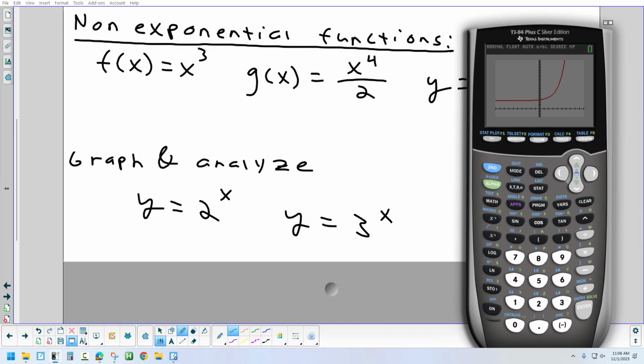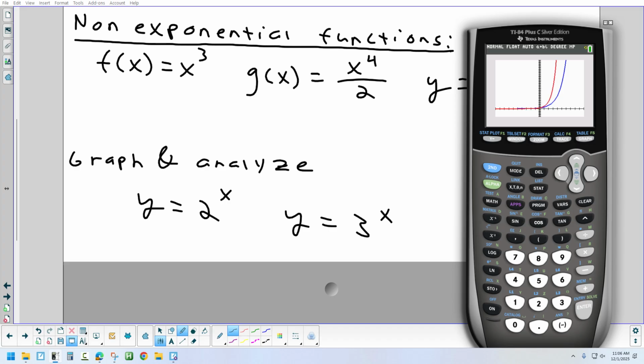What do you think the difference will be between 2 to the x and 3 to the x? They're both going to look kind of the same. Slope. What do you mean the slope? Like how quickly it goes up. Yes, how quickly it starts to curve up. The rate of change of the slope is going to be faster in the 3 to the x than the 2 to the x. So that's 2 to the x. 3 to the x is going to start to curve up quicker.